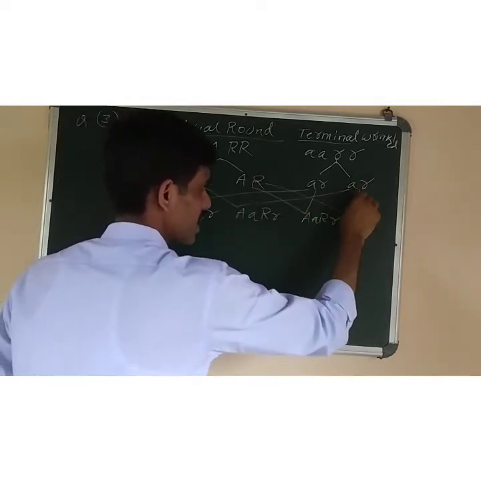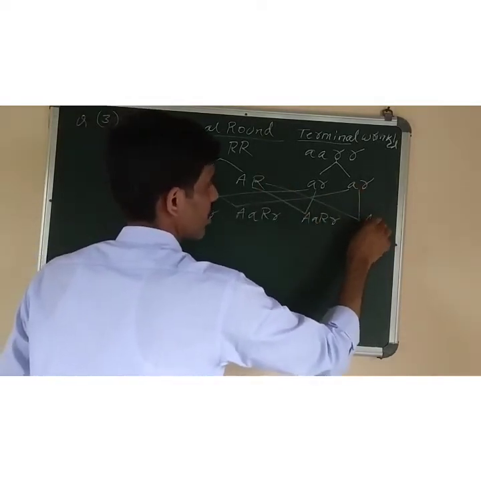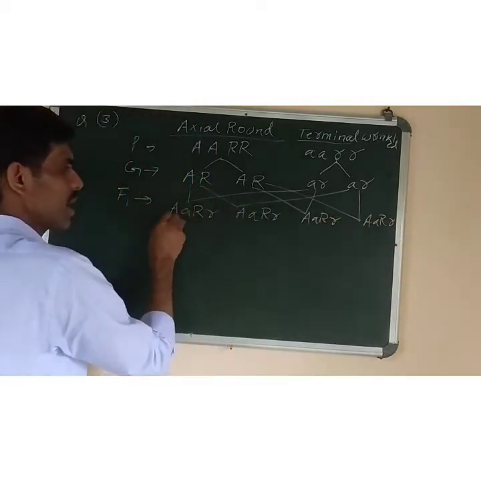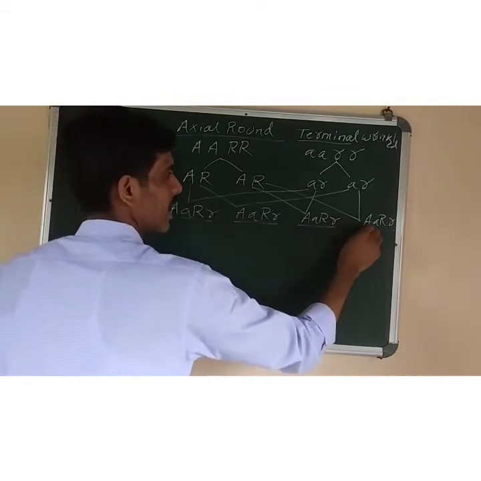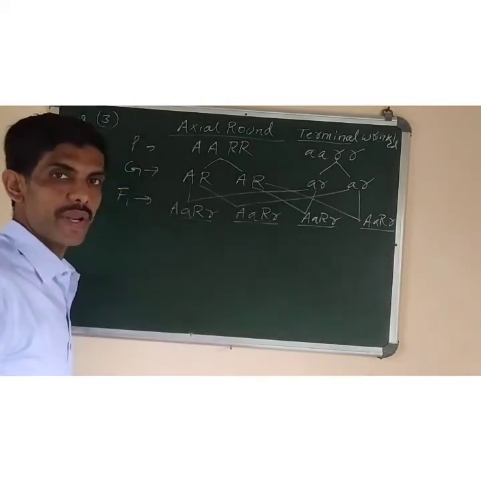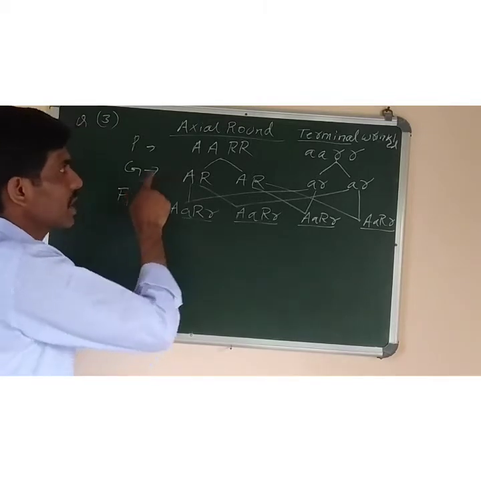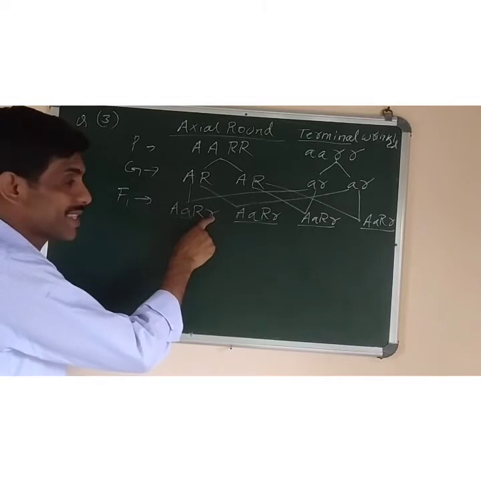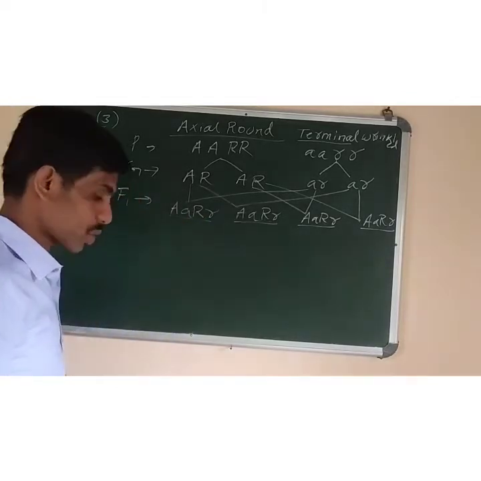Second gamete with the second one: capital A, small a, capital R, small r. You will find that all of them are similar. The same composition is there in all of them. This one is dominant. So all the four hybrids which are produced in the F1 generation have axial flowers and round seeds. Why? Because small r is recessive, small a is also recessive.